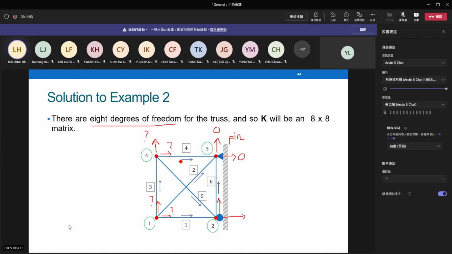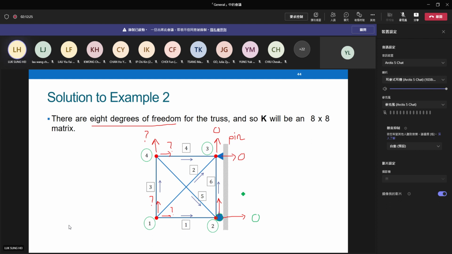What about the roller support at the bottom right-hand corner? Look at this green color. Roller support lies on a vertical wall. We can see that the roller here cannot penetrate into the wall, right? They cannot move inside the wall. So you can see that the horizontal displacement is equal to zero in this case.